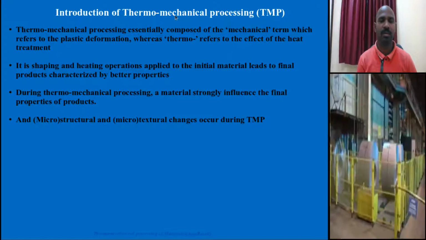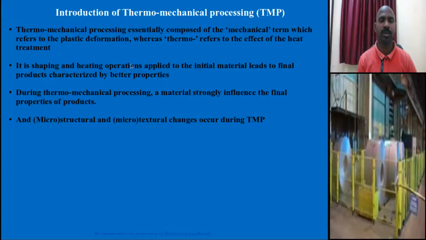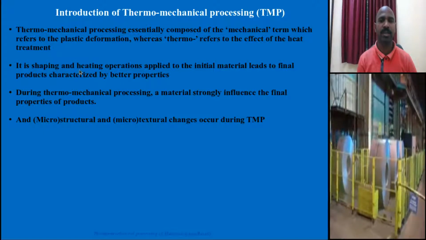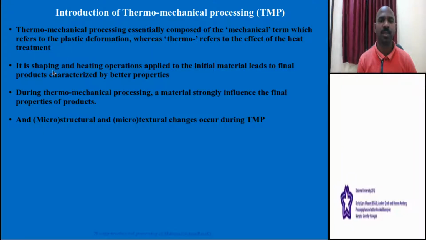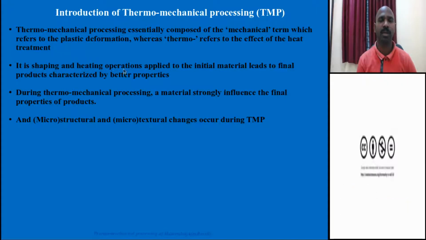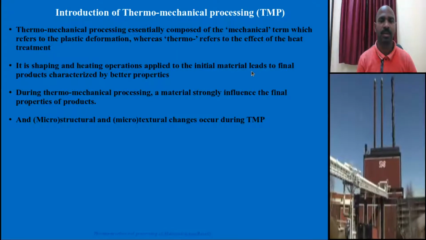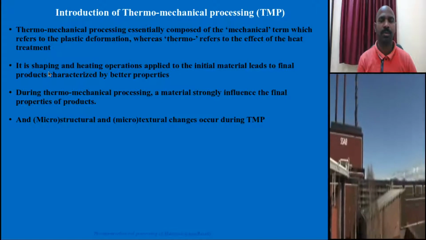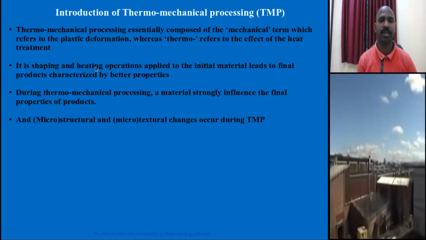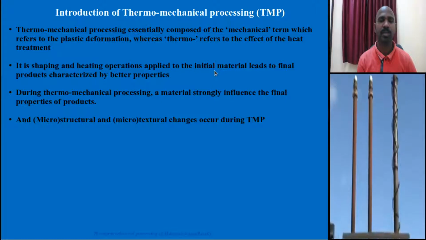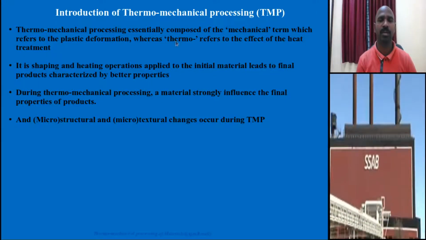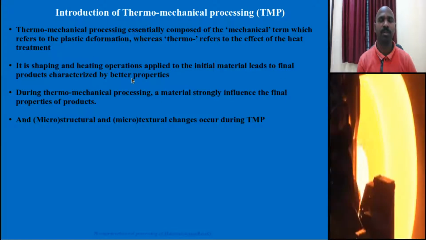The definition of TMP is shaping, which is mechanical, and heating, which is thermo. It is shaping and heating operations applied to the initial material which comes out after casting, that is the as-cast material. Applying this shaping load and heating temperature operations leads to the final product.